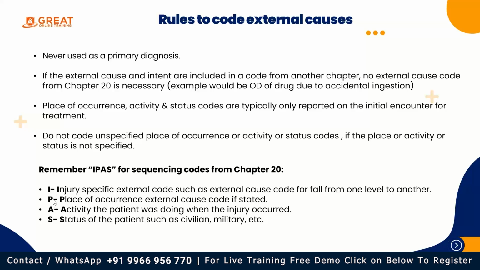Then we code the place of occurrence external cause code if stated or documented. Then we code the activity of the patient, and then S means status of the patient, such as civilian, military, etc.